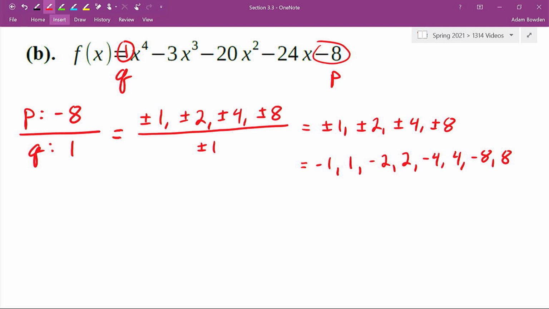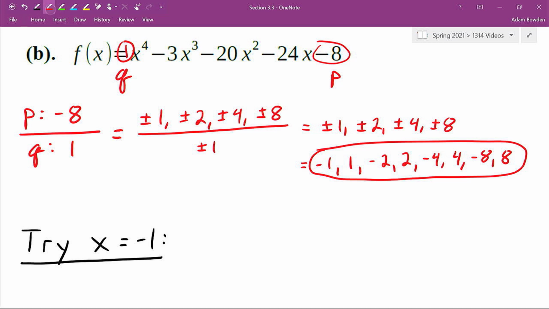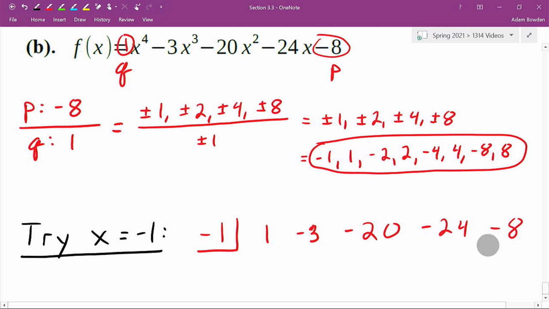So hopefully one of these numbers is a solution. But we don't know until we start checking which one is which. So let's choose one. Let's try x equal to -1. And again, we use synthetic division to test to see if we get a solution. We're using our function, which has coefficients 1, -3, -20, -24, and -8.